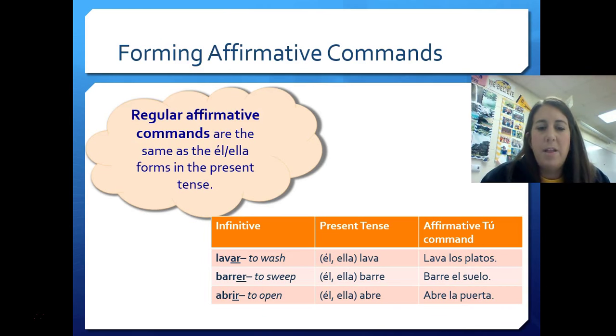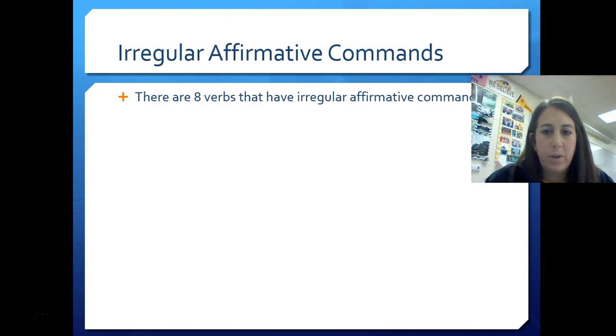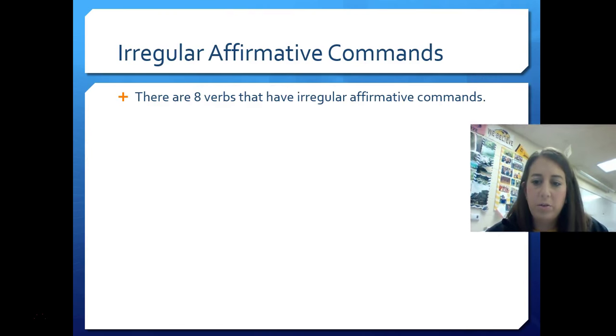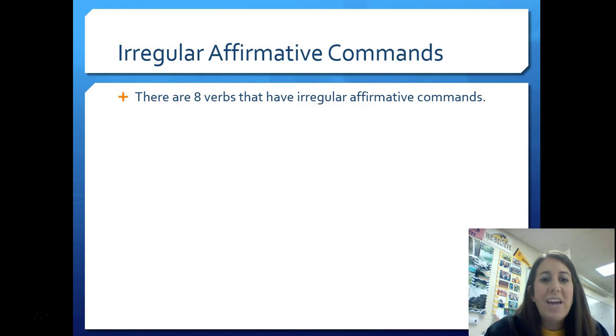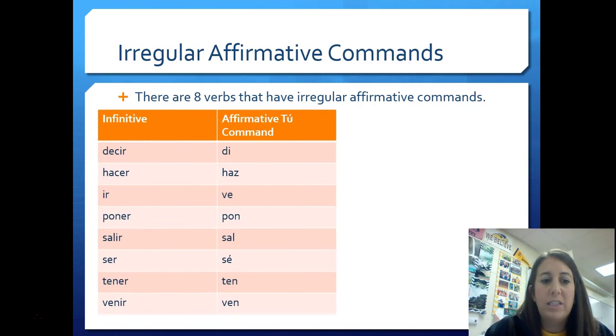Notice, since it's that él, ella and usted conjugation, we'll still identify stem changers. If it's got a stem change, then it will have a stem change in its command as well. Now we've got eight verbs that are irregular in their affirmative commands: decir, hacer, ir, poner, salir, ser, tener, and venir.